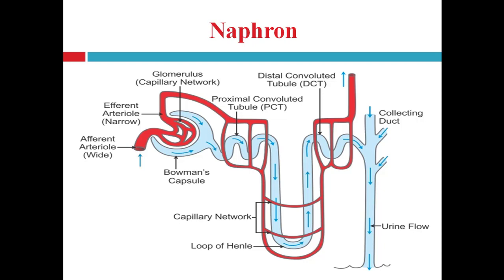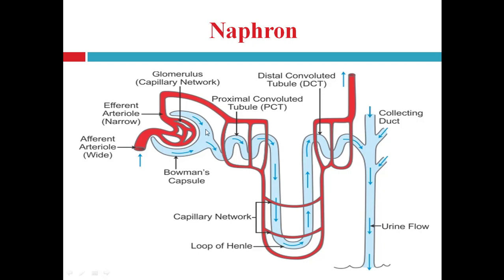Right? Because it forms a loop shape, that's why it is called the loop of Henle. And again the loop of Henle is divided into two parts, descending loop of Henle and ascending loop of Henle, and at last the collecting duct.